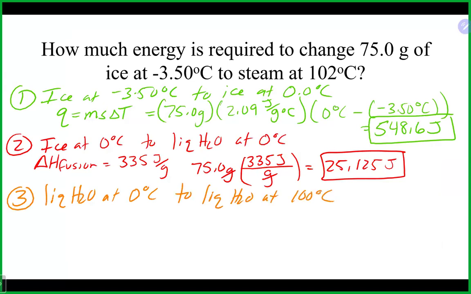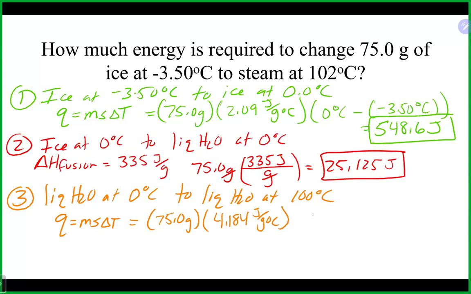And once again, we're going to go with Q equals m s delta T. Our m is still 75 grams. Now that we are in liquid water, we could use the normal heat capacity for liquid water, which is that 4.184 number we used previously.